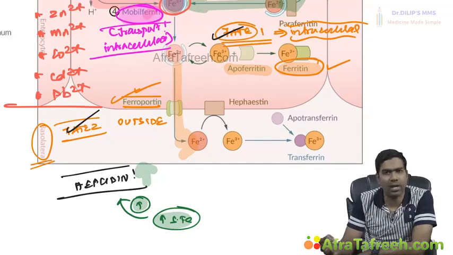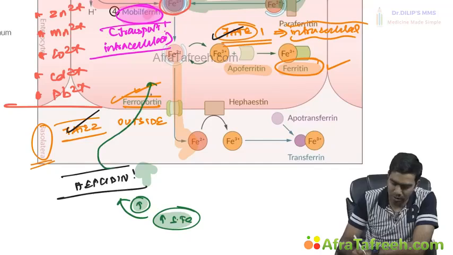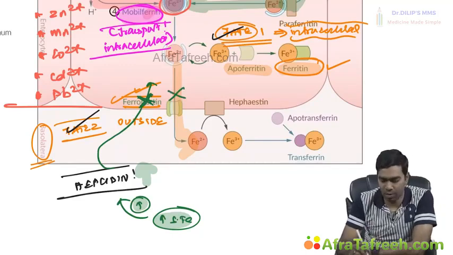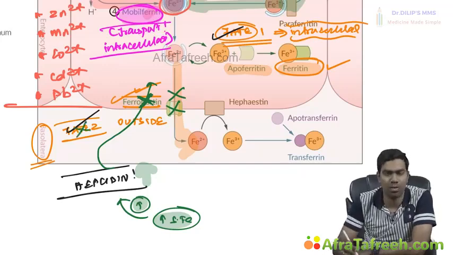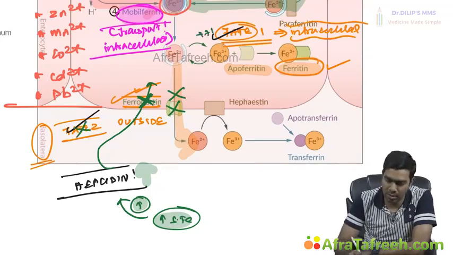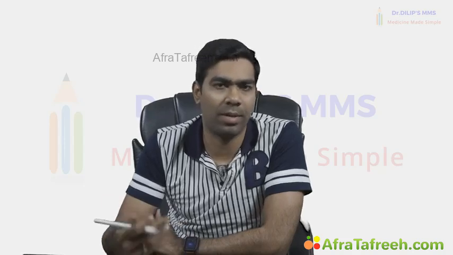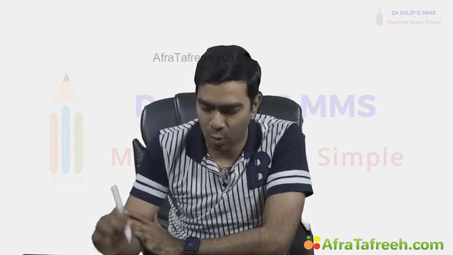In this condition, hepcidin is going to block the ferroportin in the first place, which means you are not going to transport iron outside the cell, so fate 2 is not possible. The only thing that is possible is fate 1, which means they are going to store the iron inside the mucosal cell of the GIT in the form of ferritin. Why is this the case? You can see this is a brilliant thing that is happening.